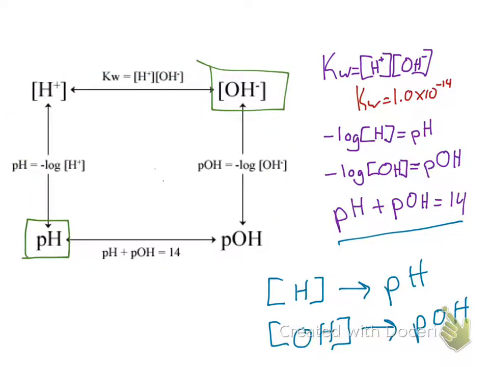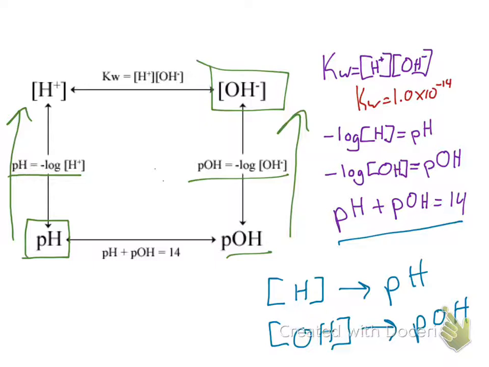But something that I'll say is, whenever you're going up this way, what you need to do is you need to take this equation and solve for the hydrogen ion. And in this situation, if you were to go from the pOH to the OH, you would need to solve for the OH.